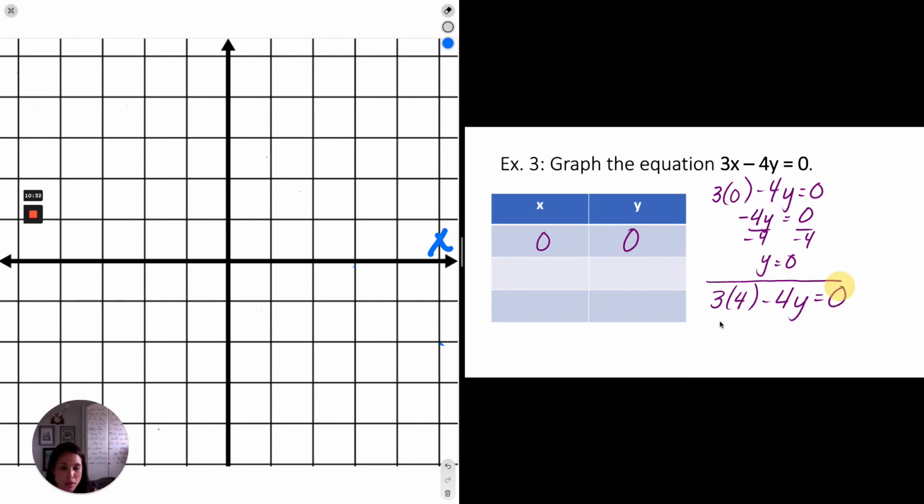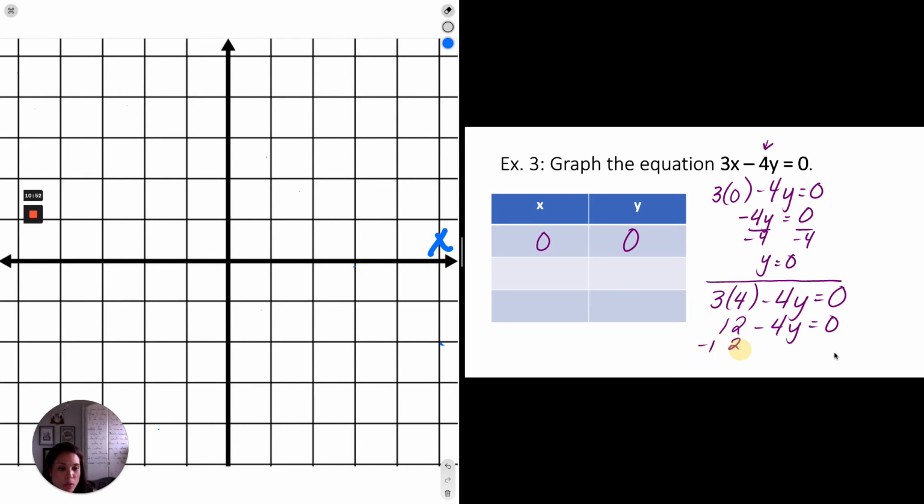Because if I use another number like 1, I'm going to get a fraction. The reason why I chose this value of 4 is because I have a value of 4 right here in front of the y. So 3 times 4 is 12, minus 4y equals 0.